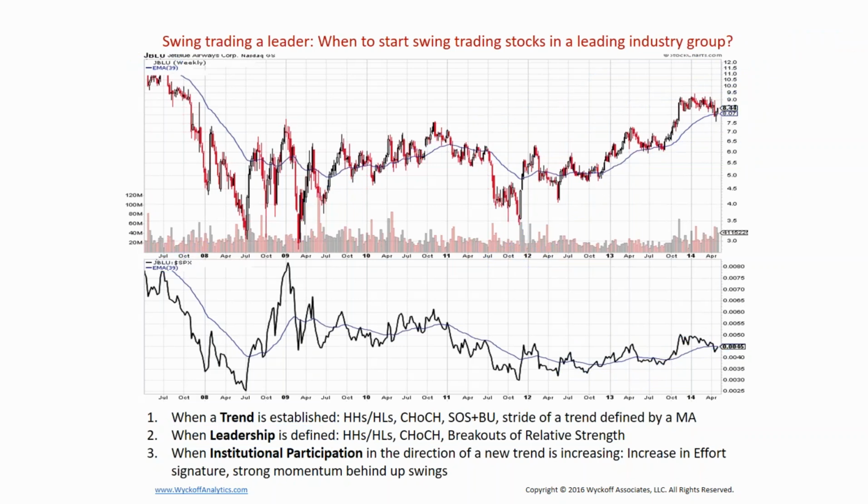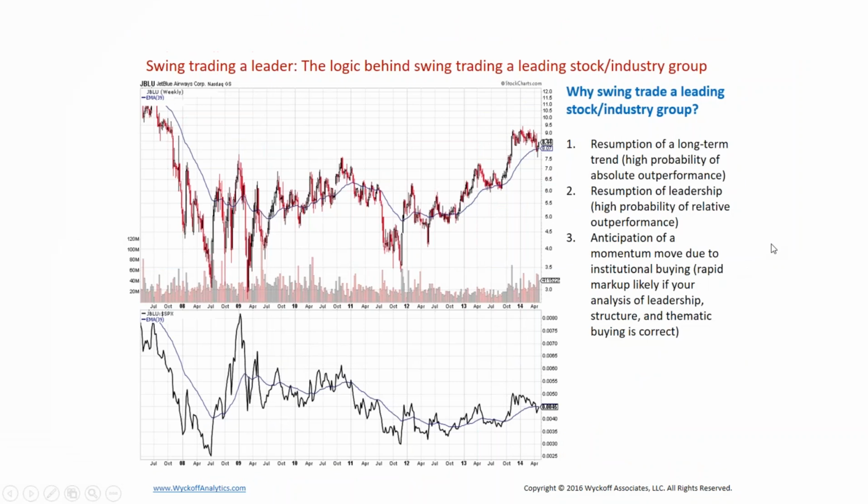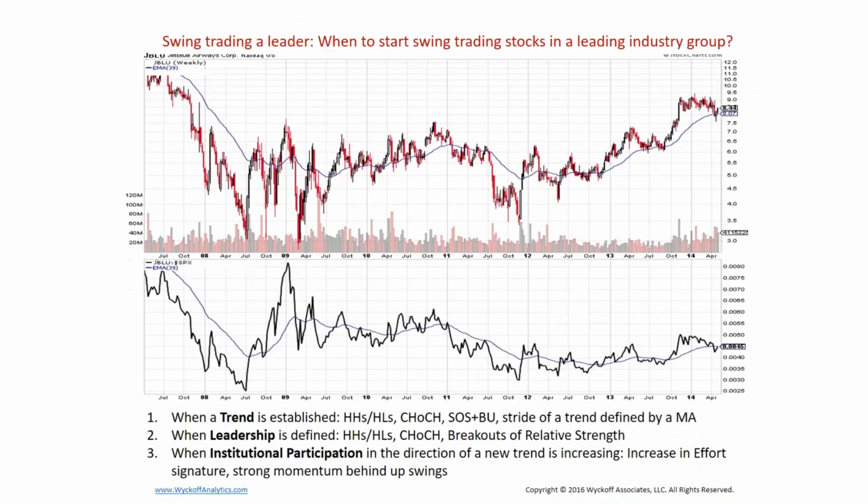So these are definitional suggestions, ideas as to why we would be looking at the stocks in the leading group and how we would be looking at those stocks, where specifically we would be looking for position entry.